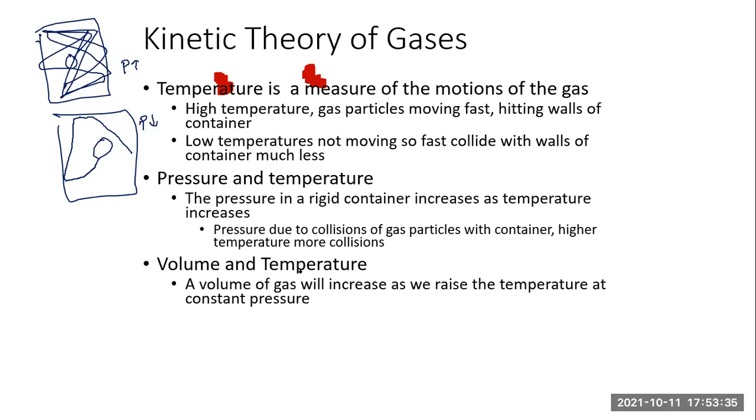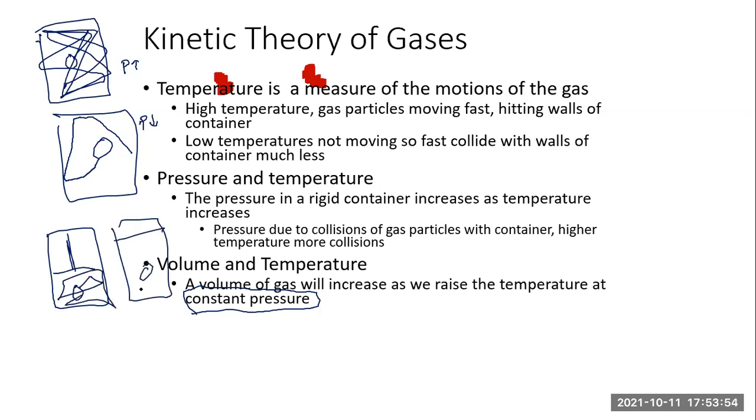Volume and temperature, again, the way it's able to keep the pressure from going up and down is in a Charles' law situation. We do get a movable volume, where if we increase the temperature and things are moving faster, we will see the volume also increase. And what that is able to do is keep the number of collisions relatively constant.